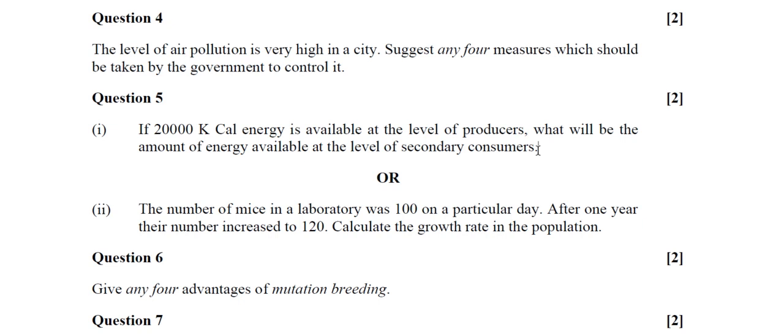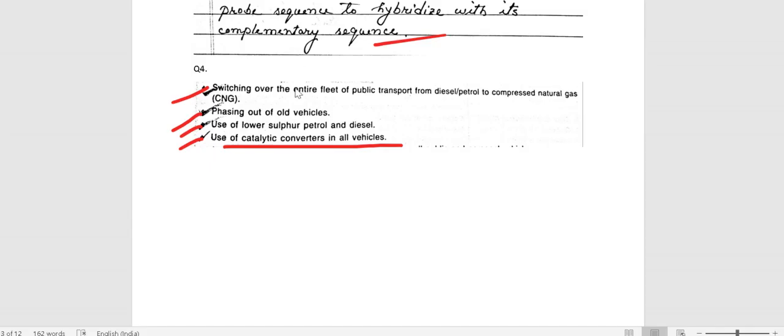So here they have given in the question that at the producer level the energy is 20,000 kilocalorie, and according to Lindeman's law, in each trophic level 10% energy is transferred to the next higher level. So let's see what will be the answer.